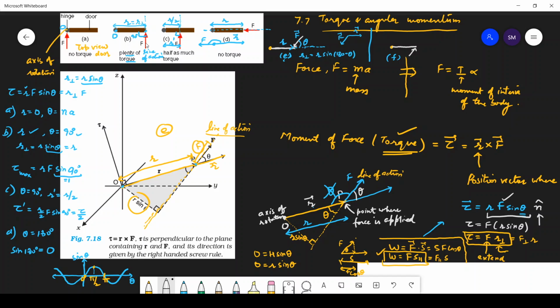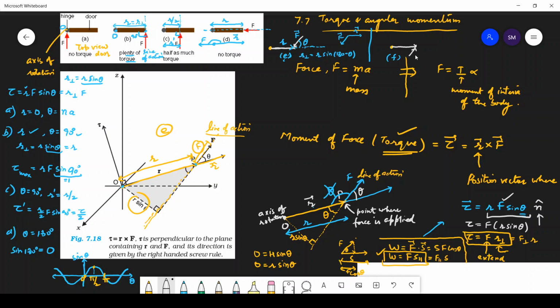Not applying the force perpendicular but at certain angle. Okay, is it okay? This is your R. So this figure you can also draw it like this.